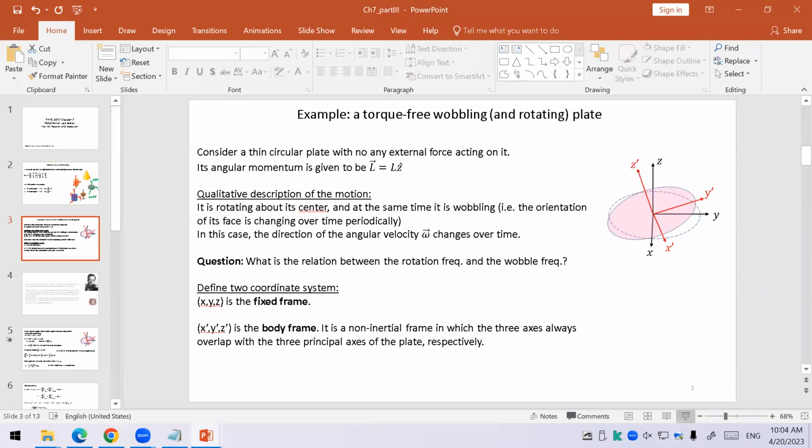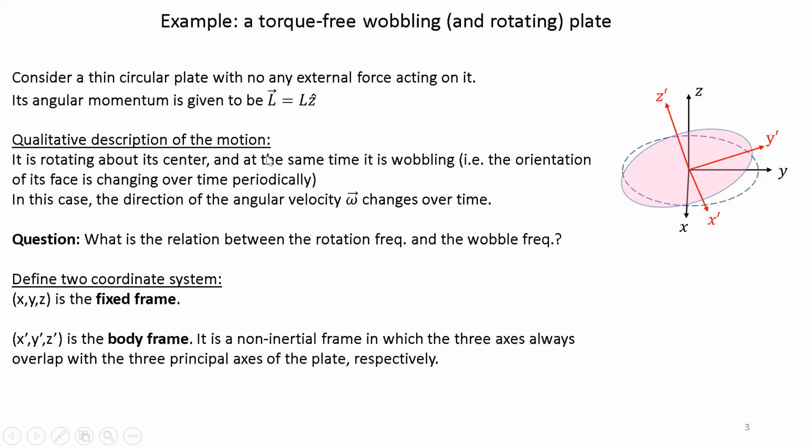So then see this slide. This is the qualitative description of the motion, which is essentially what I just told you. There is rotation about its center, and at the same time it is wobbling. So the orientation of the face of the plate is changing over time, periodically. With this kind of motion, the direction of the angular velocity is actually changing over time.